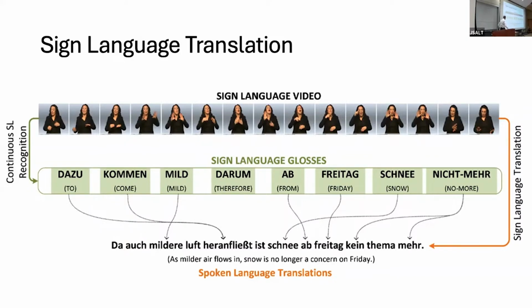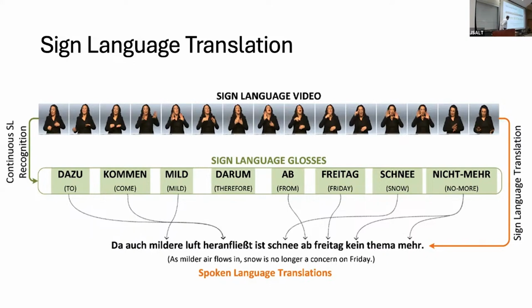Okay, well done. So this is what is interesting about the Phoenix dataset, that you can actually do sign language recognition. So you can take a part of a video and classify it as a word, as a gloss. Dazu is the gloss, or to, right? So it's like in NLP, something like a lemma, a basic form of the word.